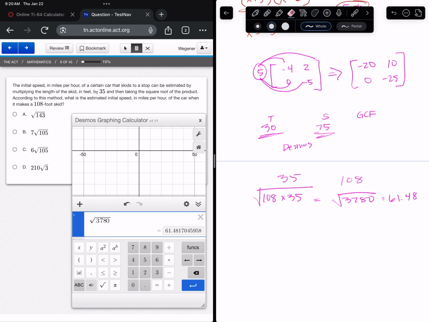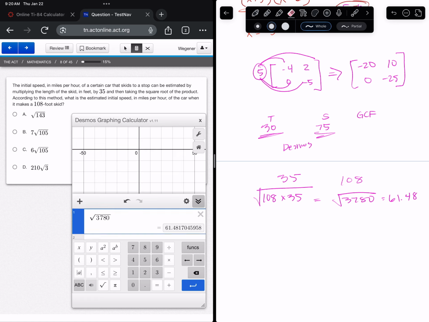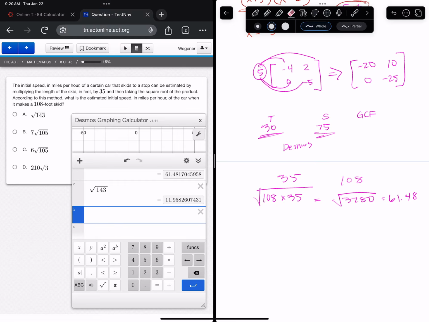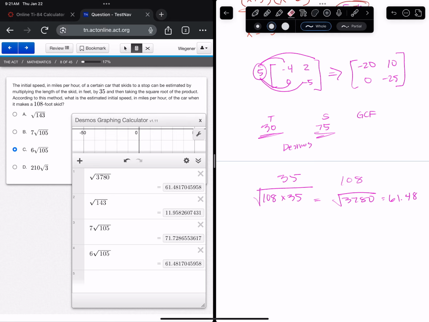So my advice to you guys is you have 4 answers. Go ahead and plug into the calculator and see which one matches. So I'm looking for 61.48. Square root of 143, that is not what I'm looking for. Moving on, 7 square root 105, still not that. 6 square root 105, is this the same? Yep, it is the same. So the answer is C.